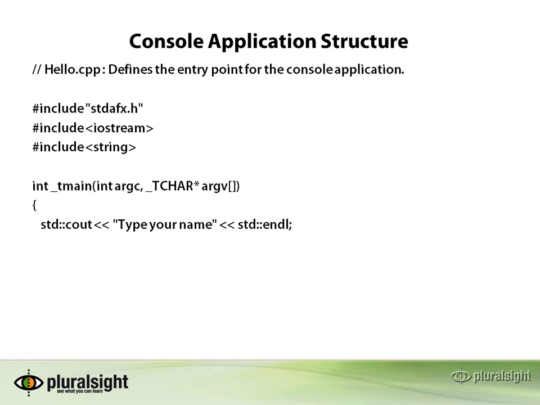This is the line of code that caused type your name to appear in that black DOS box or command prompt when the application ran. The way you read this is standard cout. The symbol in between them, which you get by typing a colon twice on your keyboard, is known as the scope resolution operator.